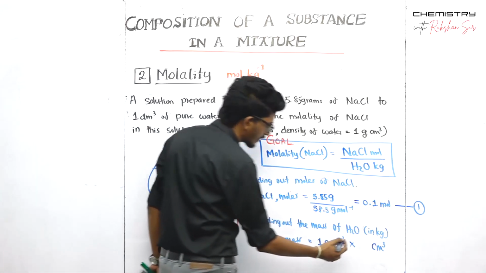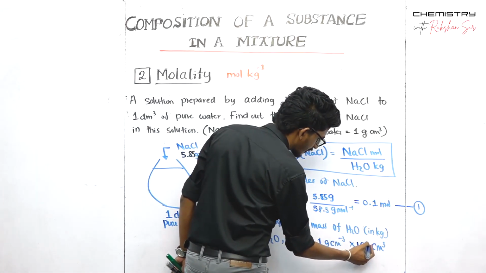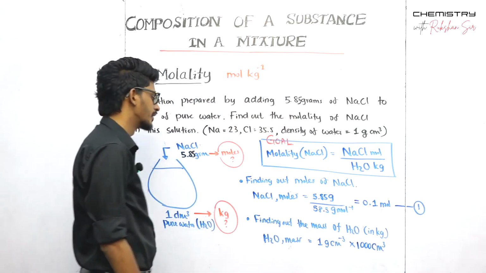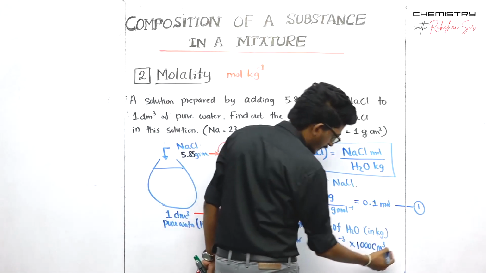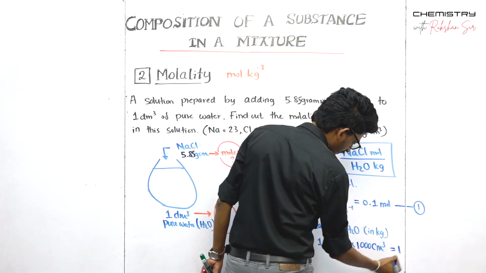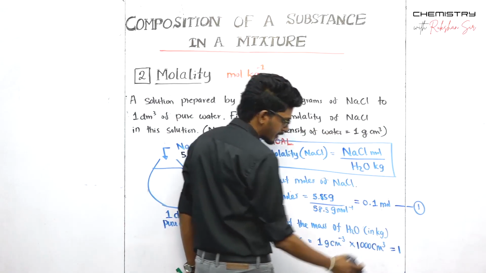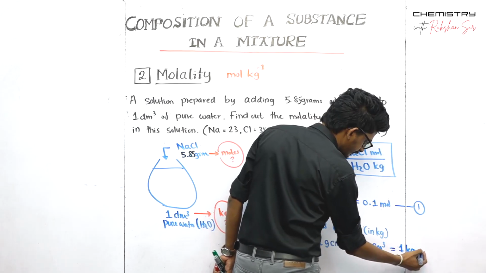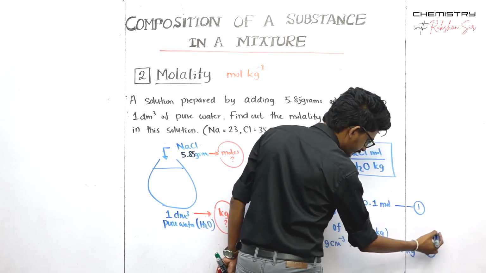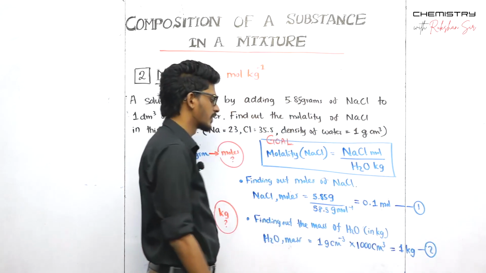So that means 1000 centimeter cubes. Milliliters and centimeter cubes are the same, right? So the mass of H2O is then 1000 grams. That means 1 kilogram.